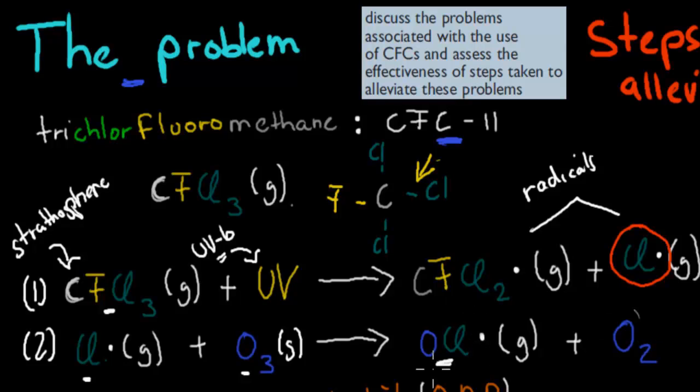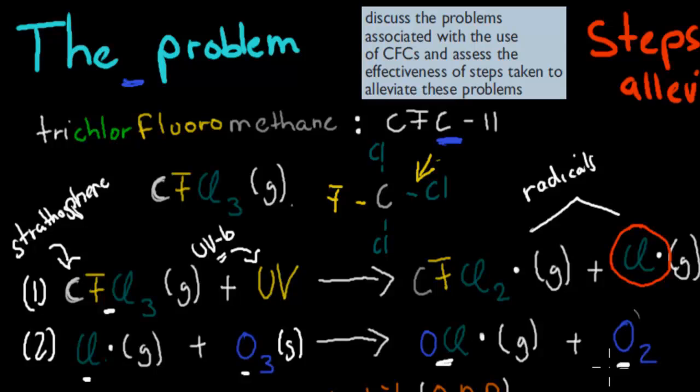So we have a radical being formed and oxygen being formed. But the problem is ozone has decomposed. It's gone back into oxygen. It's not ozone anymore. So this is an example of how we can start with a CFC molecule and end up having no more ozone left. It's broken down ozone. And what we're going to show you in a second is the problem that comes when this is a chain reaction, right?